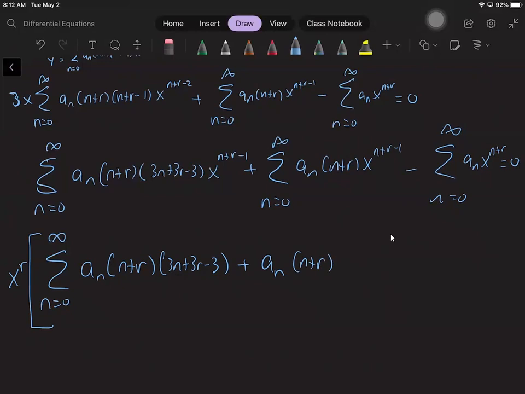And now they're both with the coefficients of x to the n minus 1, because I took out the x to the r. All right. And then minus this other one I haven't touched.